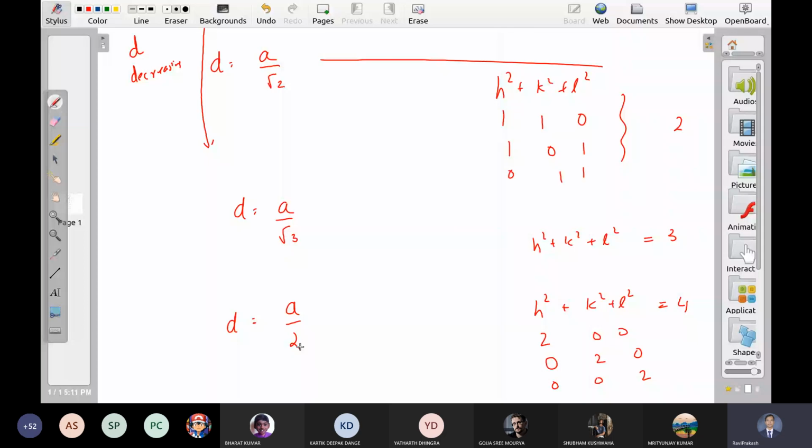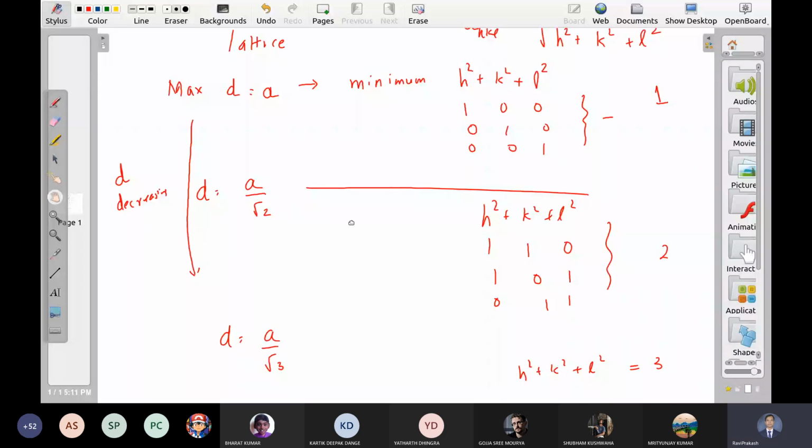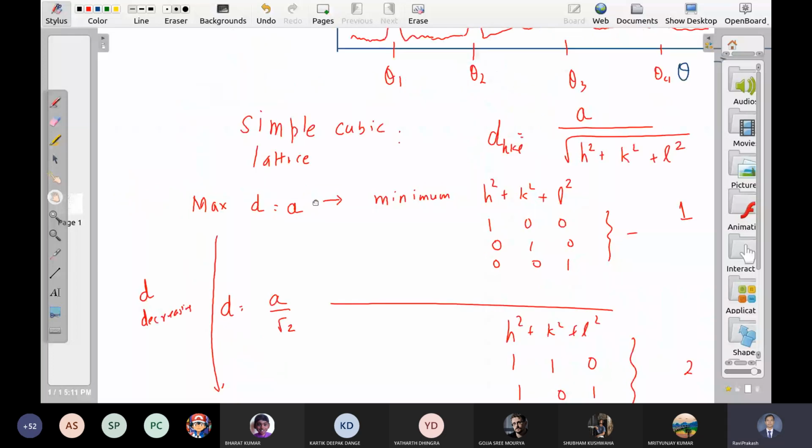What is the angle of reflection for D is equal to A? Let me call it D1. If we put this D is equal to A in this formula, let us put n is equal to 1. अभी आप n को 1 ले लीजिए. We take first order. So for first order, we can calculate at which angle we will see reflection from the 100 plane. Let me call that angle theta1.